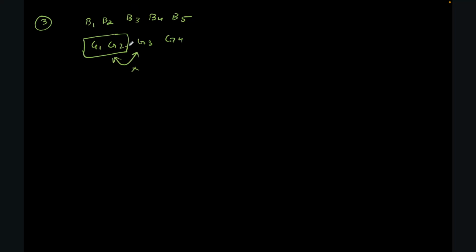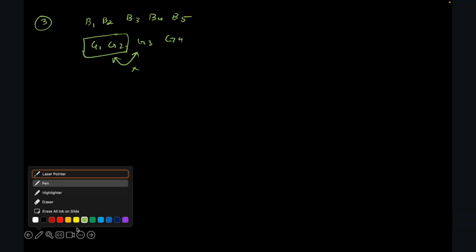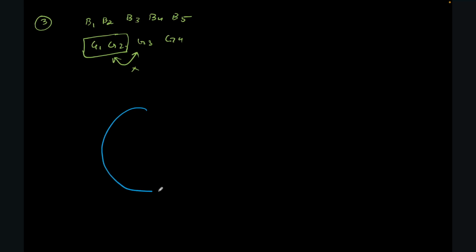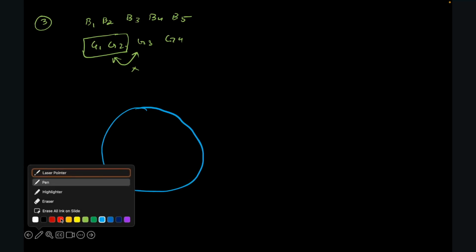Like always, this time I'm going to make the arrangement with all the boys and girl 4, because she doesn't have any problem, so she can sit with anyone. Let's make a table like this, and then I'll write them out.